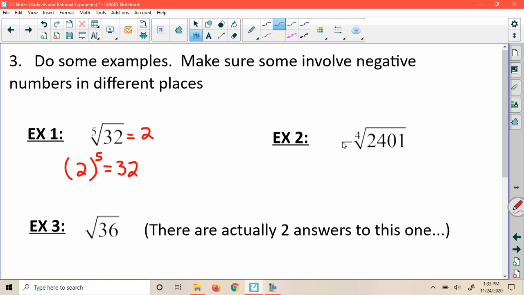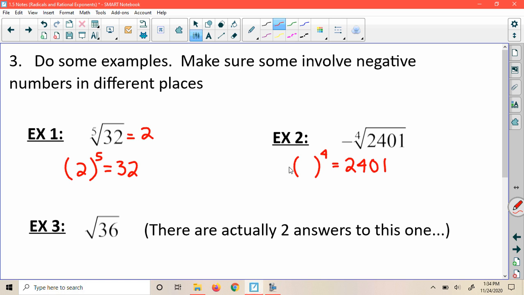Example 2, the negative 4th root of 2,401. This one, unless you're some kind of Rain Man type person that can do math in their head, you probably don't know that one right off the top of your head. So you're trying to think of some number to the 4th power that equals 2,401.